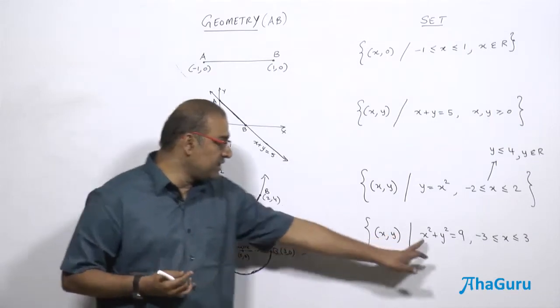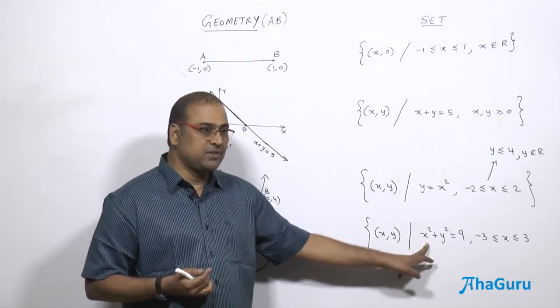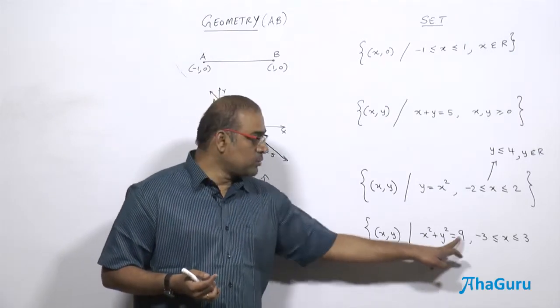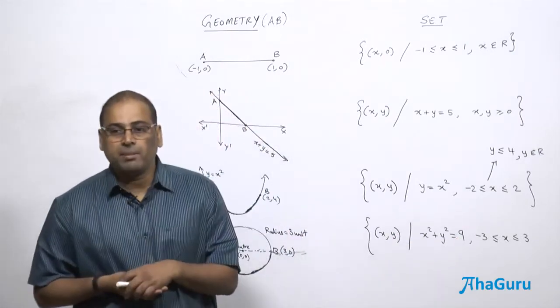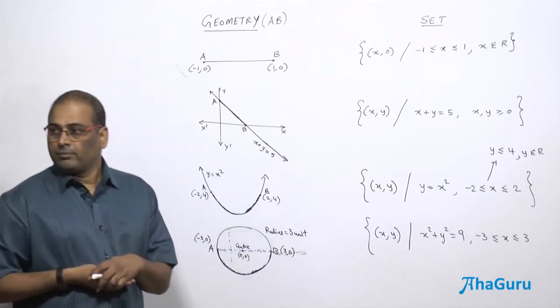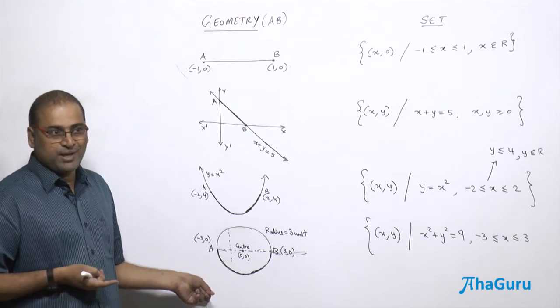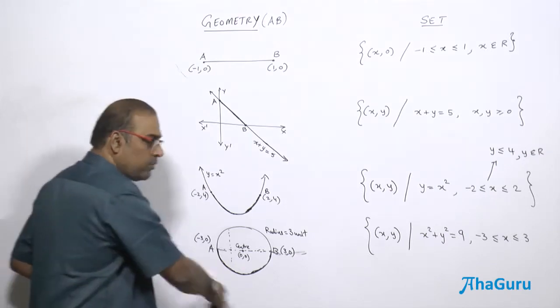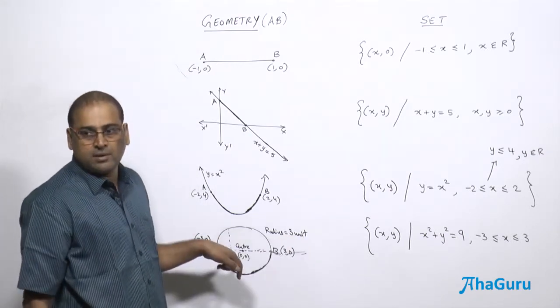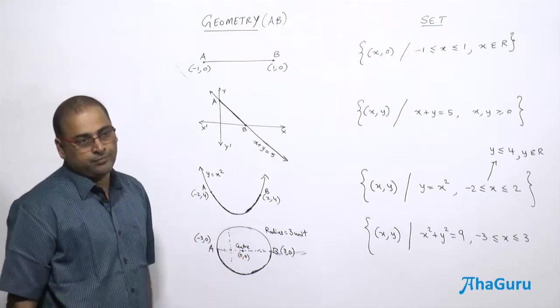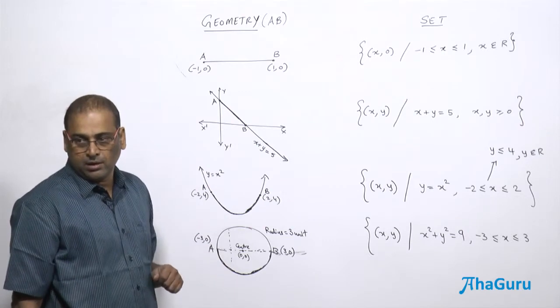When you substitute some value, for example, if x is -1, 1 plus y squared is 9, y squared will be 8, and y will be plus or minus root 8. But we don't want the plus root 8 fellow. We want only the minus root 8 corresponding to that x. So we are going to collect only that. That means my y is going to be non-positive. It can take 0, but not a positive value.